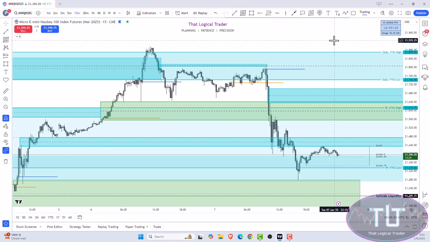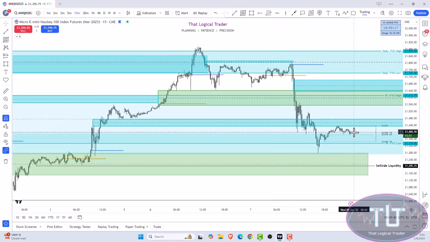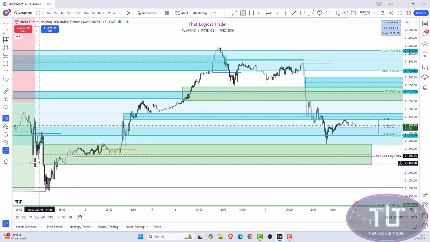So with that, what I'm looking at is we have this unmitigated 15-minute fair value gap, which is open. We don't necessarily need to get up there, but if we do and we get some kind of reaction, we'll try to see if we can get something out of that. So I have this one here. This is another area of interest.